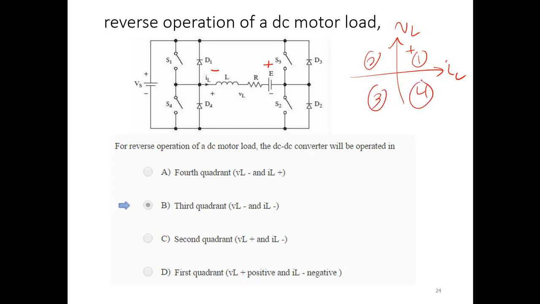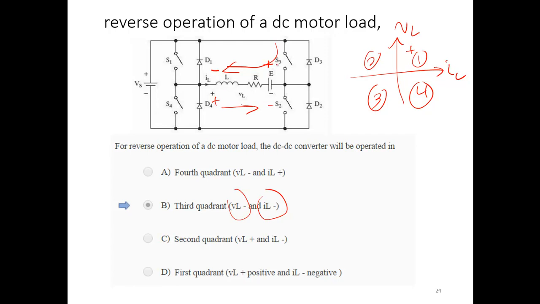Now in this particular case, you want the voltage to be positive, and this is the reverse operation of the motor in the forward direction. If you want this one, VL should be negative and IL also negative. Normally current will flow in one direction and the voltage will be positive and negative.